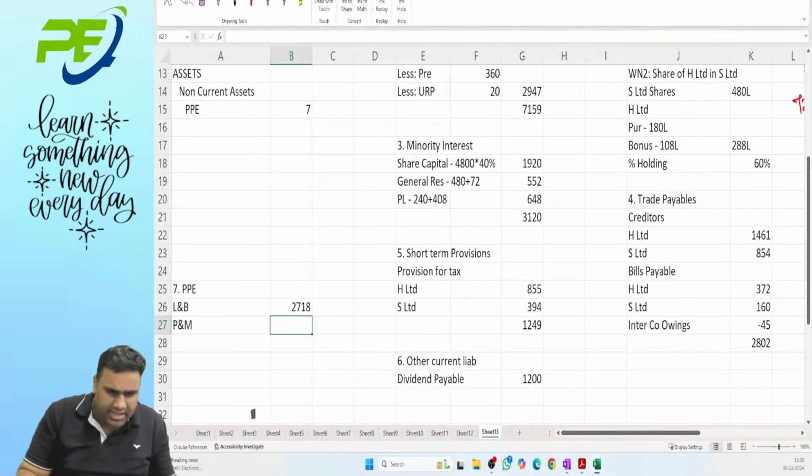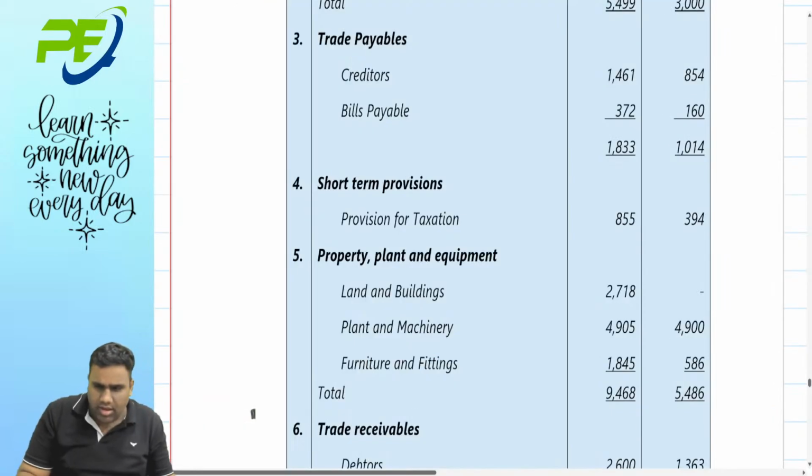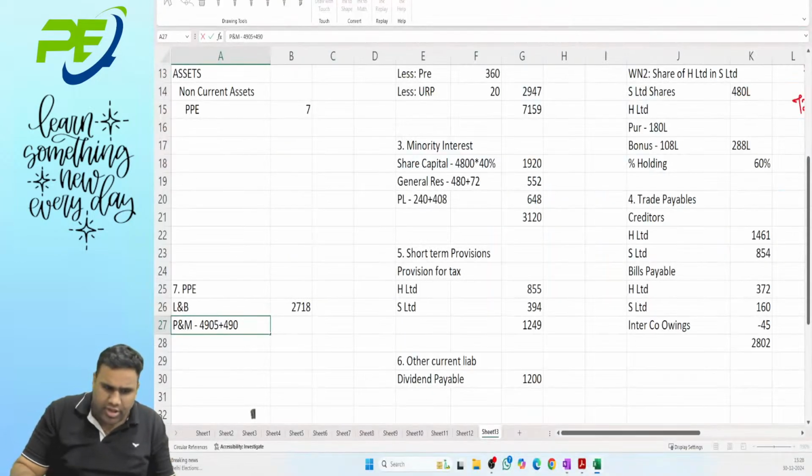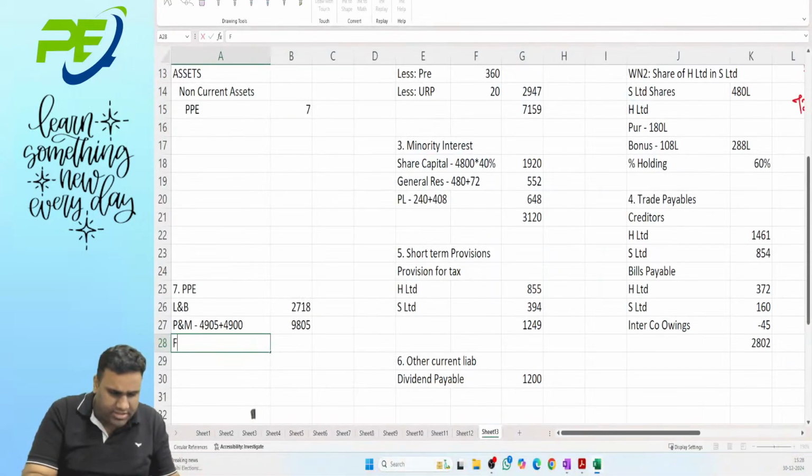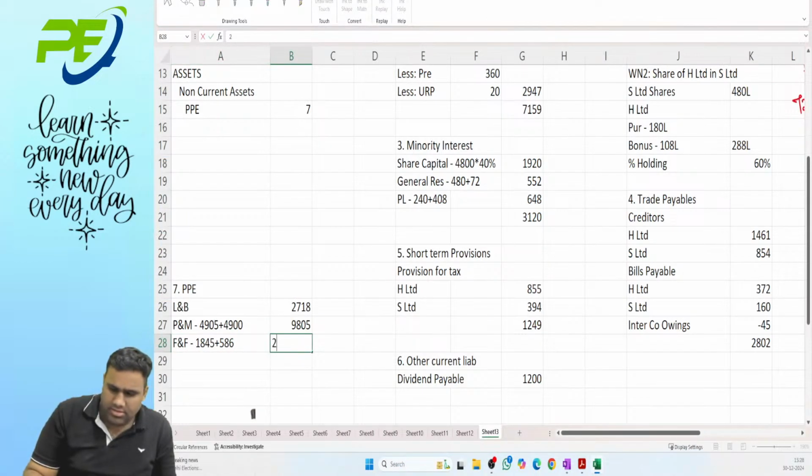Plant and machinery, 4905 plus 4900, 9805. Furniture and fittings, 1845, 586, 2431. Total 14954.